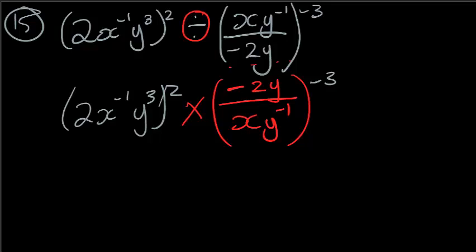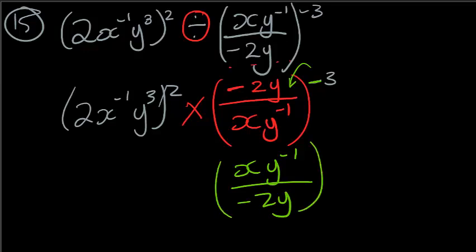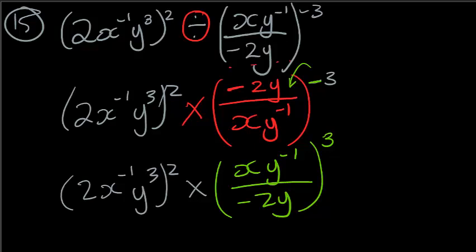What am I going to do next? Because I have a minus sign here, I'm going to flip my fraction again. So I am going to say x y minus 1 over minus 2y to the power of 3, and everything else stays the same. 2x minus 1 y 3 to the power of 2.